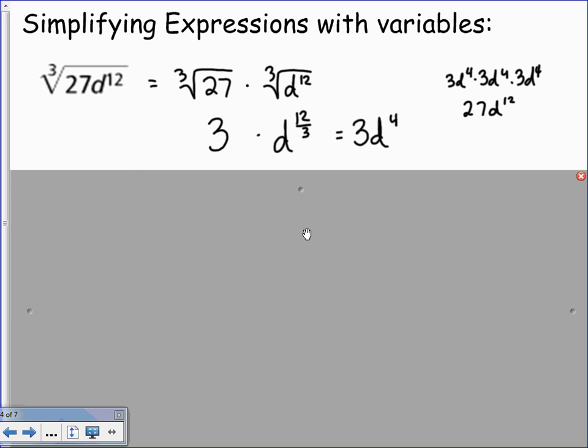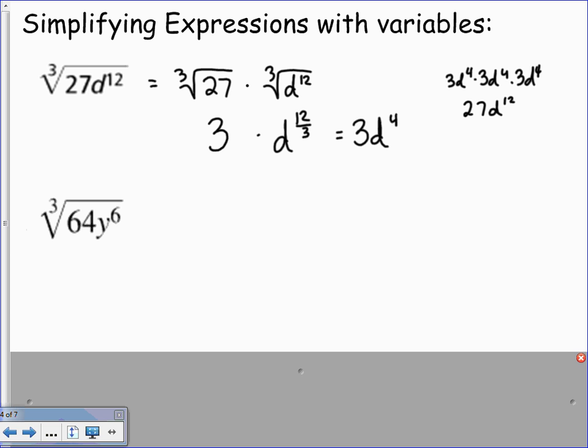That's a check. Could you please do cube root of 64 y to the 6th for me? Think about how I did it. Break it up into the number and the y, rewrite with a fraction exponent, and then simplify as best you can.